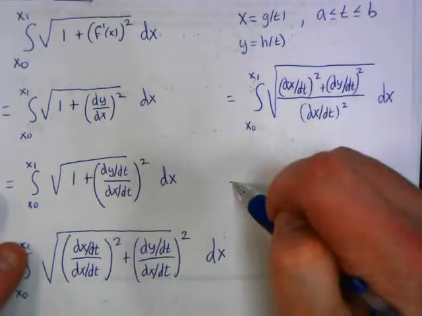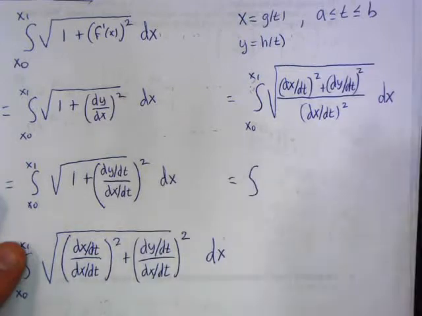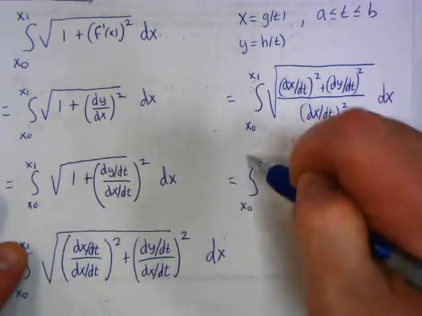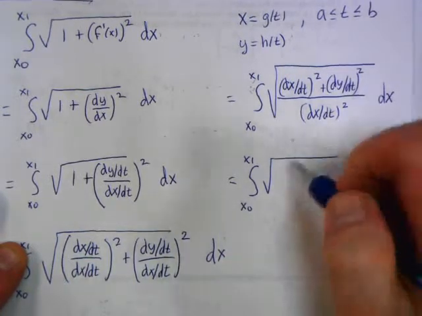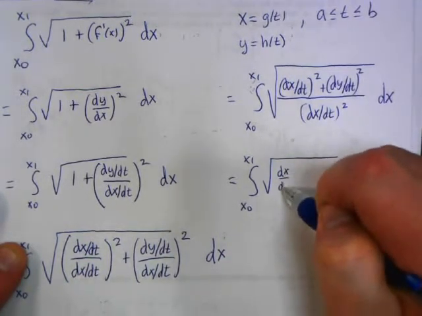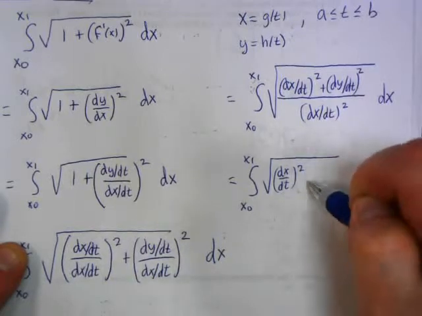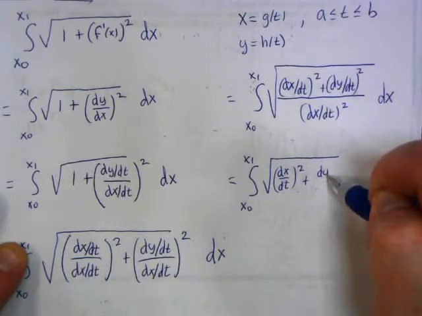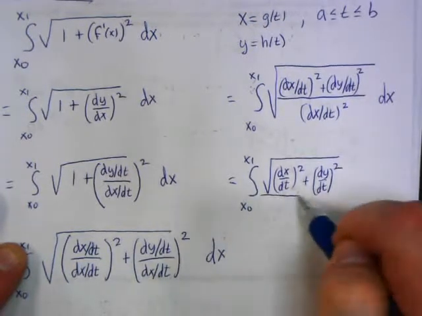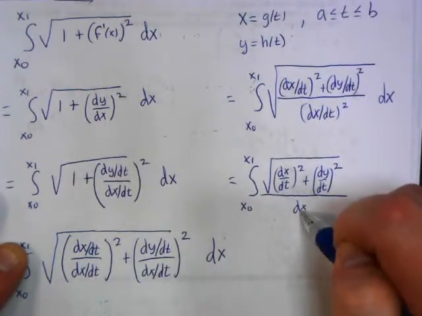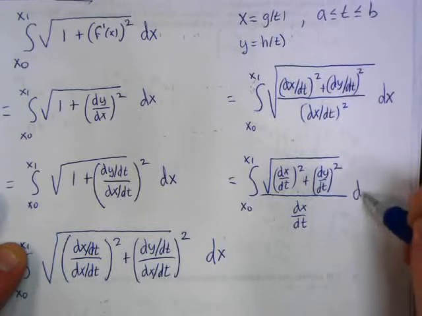This is now the integral from x0 to x1 of the square root of (dx/dt squared plus dy/dt squared) divided by dx/dt squared, and then I still got dx there.